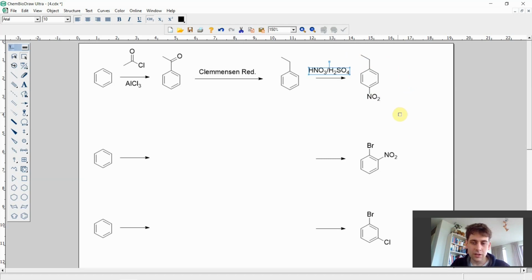Good. The second target molecule is this bromo-nitrobenzene here. And the question here is again, which substituent do we introduce first? Let's maybe draw out the two alternatives first. So first the bromo group, or on the other side first the nitro group.